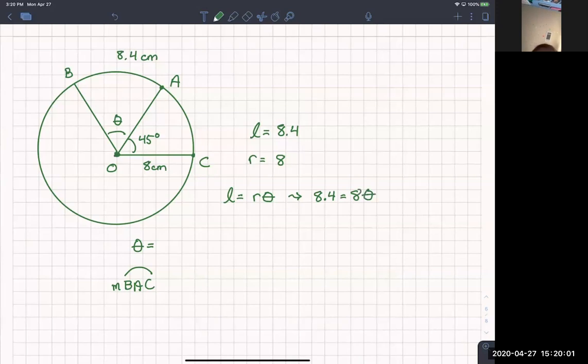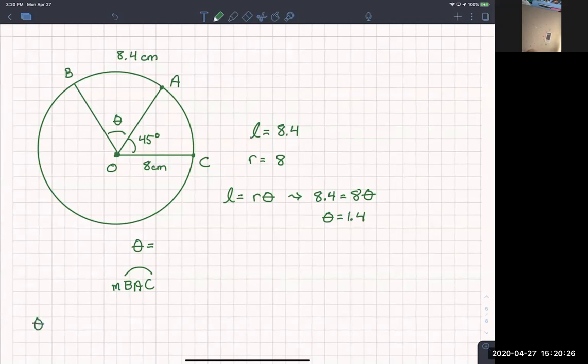So we do the math. 8.4 divided by 8 gives me the angle, which is 1.05. Now, remember, this is in radians.